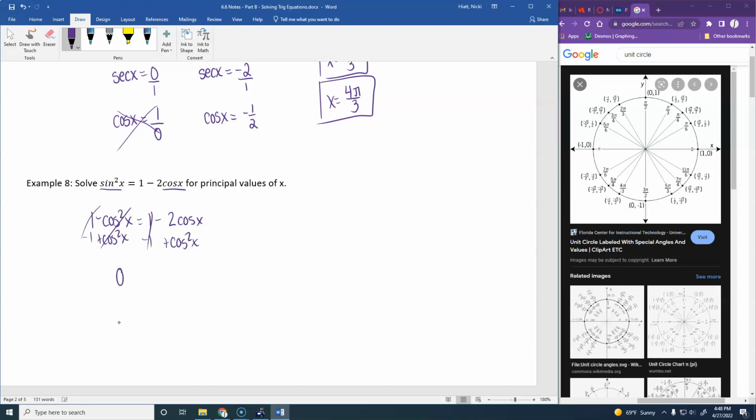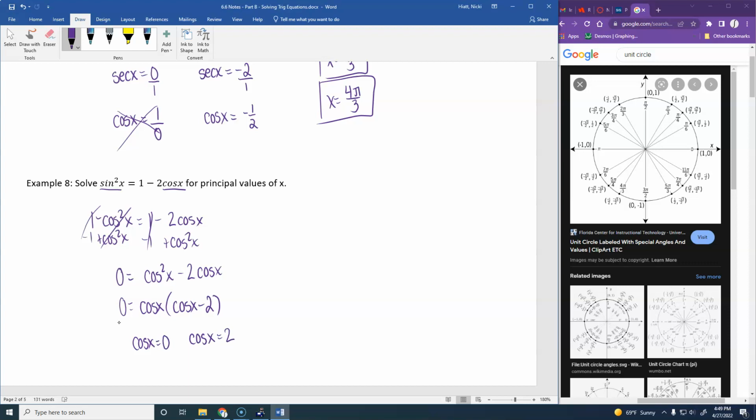And whenever I do that, the ones will cancel. I will get, we'll write it this way, cosine squared x minus 2 cosine x. And then we can factor. So we'll have cosine x times cosine x minus 2. And so cosine of x equals 0 and cosine of x equals 2.